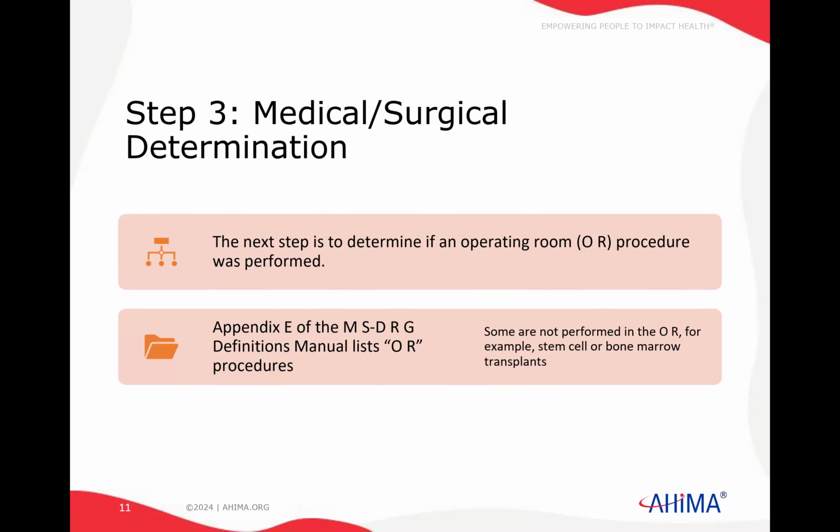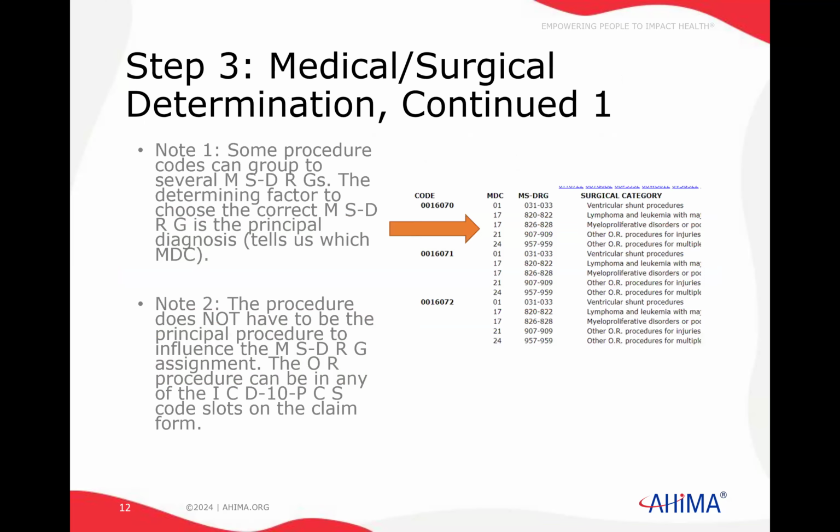Some of these are not actually performed in the OR. Some examples are the stem cell and bone marrow transplants. And some procedures group to several MSDRGs. You can see an example of it here. The determining factor to choose the right MSDRG is the principal diagnosis.